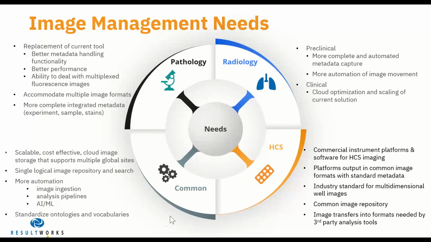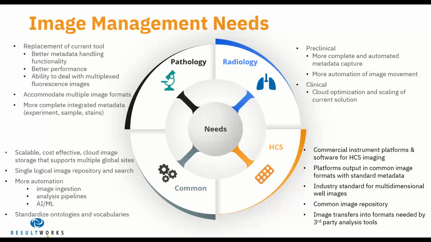In common across all of these areas, we recognized that we needed scalable, cost-effective, cloud-based image management to store those images and support global sites that were all generating and using and viewing images. We needed a single logical repository and the ability to search that repository.